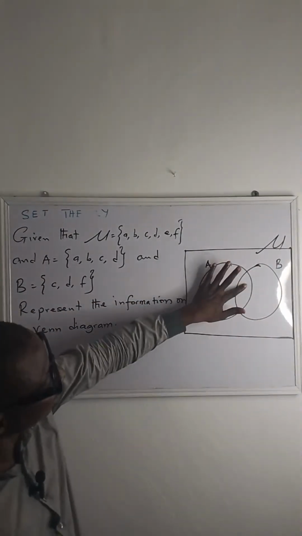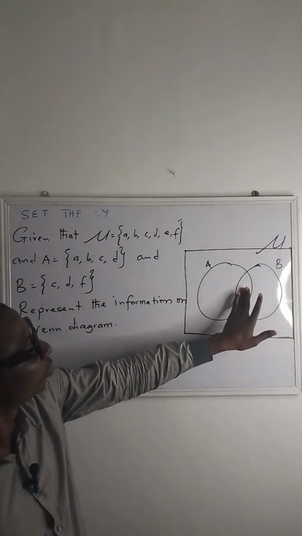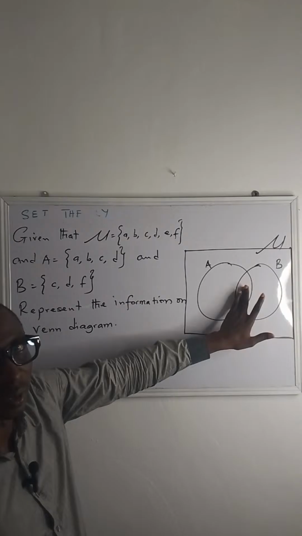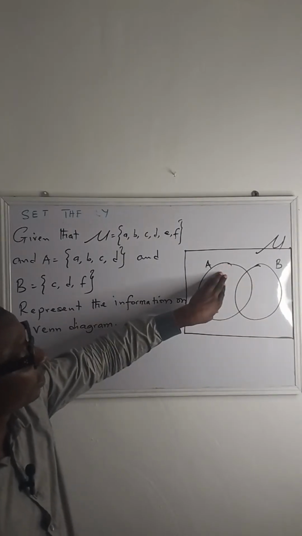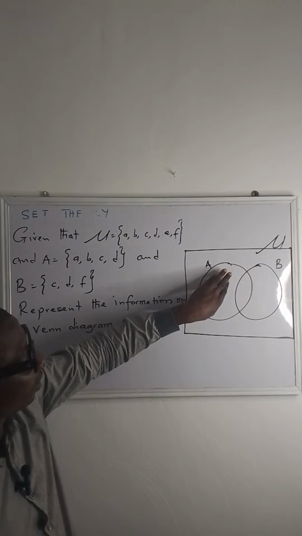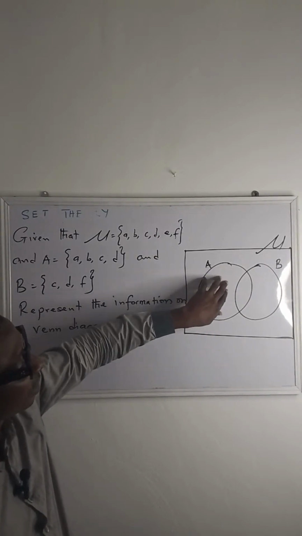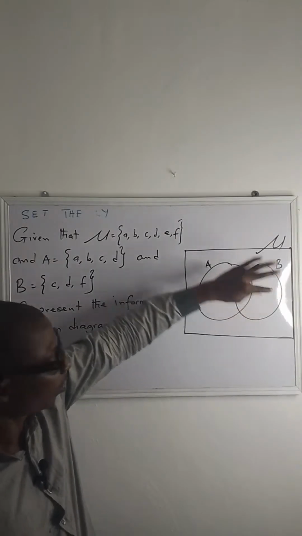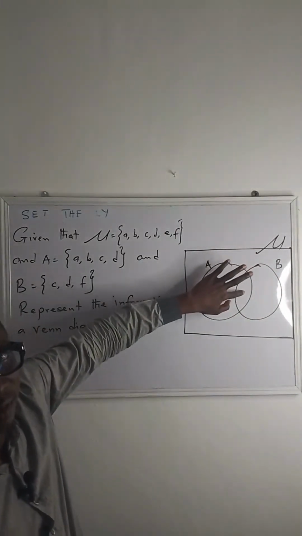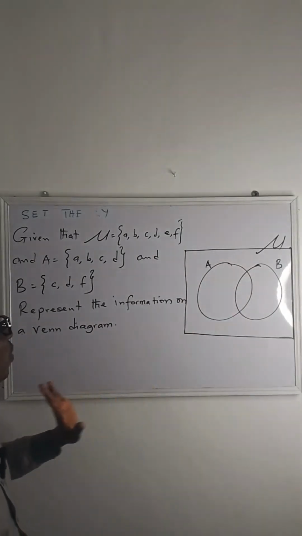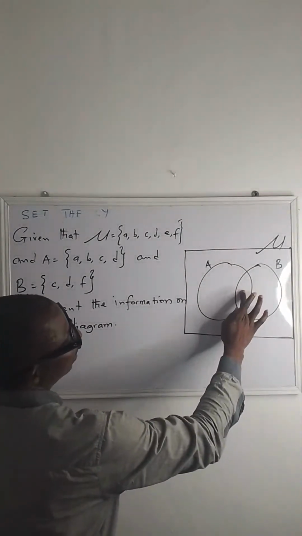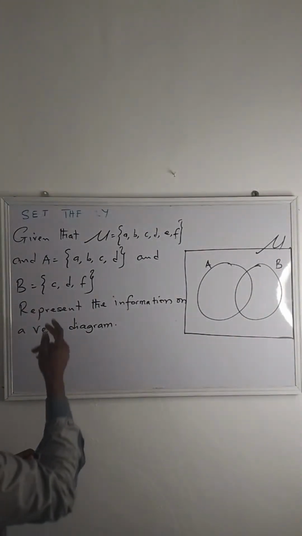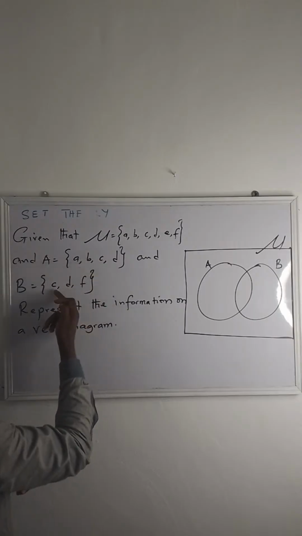Now, this area belongs to A and B. But here, this is only A. This is the region of only set A. This is the region of only set B. But this region is for A and B. Now let us look for elements that are in A and also in B. The first one we have is C. C is here and C is also here.